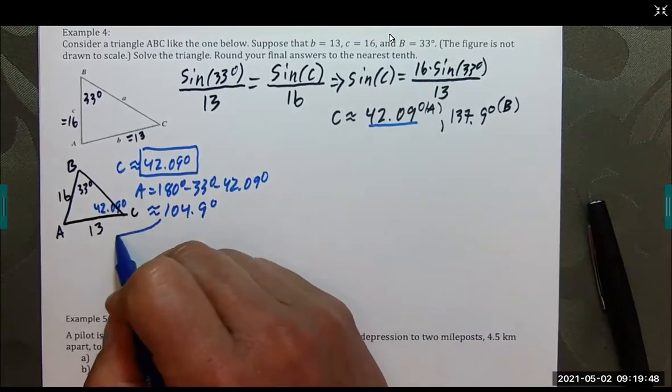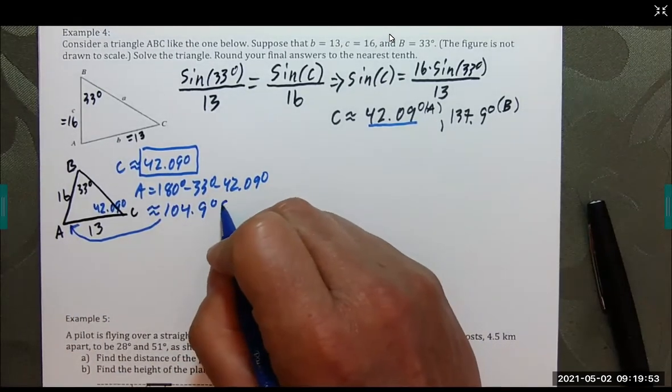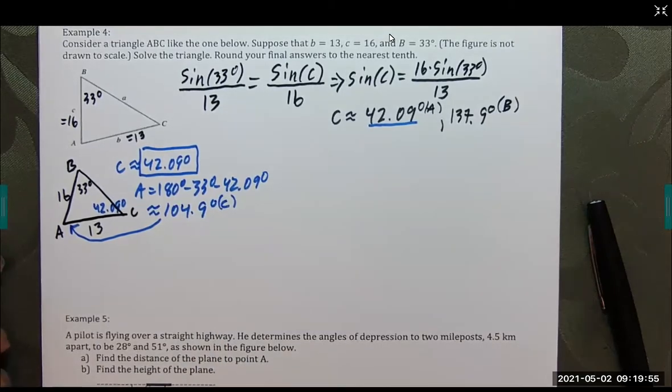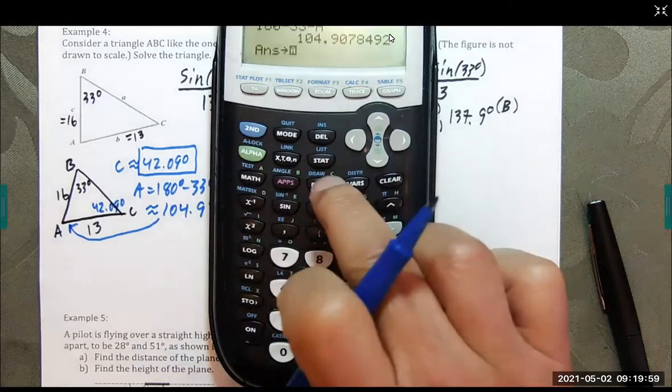That's the angle that goes right there. I'm going to call that memory C. So store as alpha C.